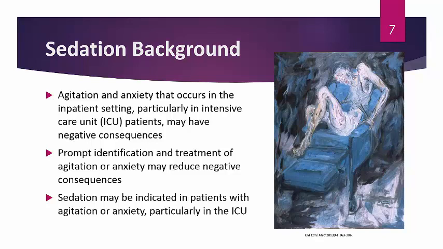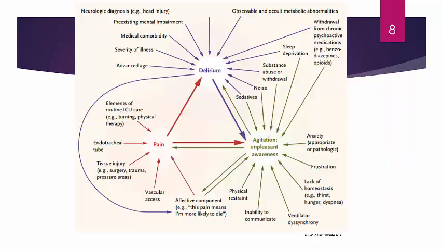And there are a lot of different things that play a role in agitation and anxiety. We go to this diagram, which was actually taken from a review article in the New England Journal of Medicine. There's a triad that's known as the pain, agitation, and delirium triad, or the PAD triad.